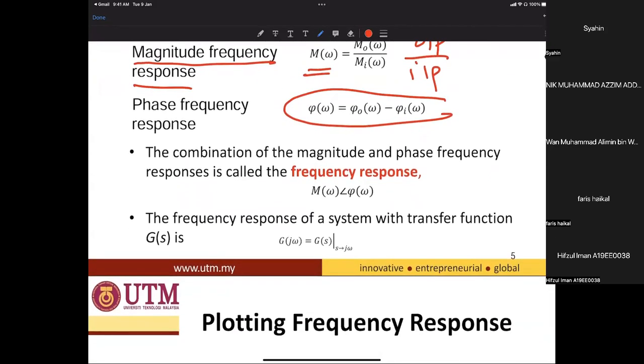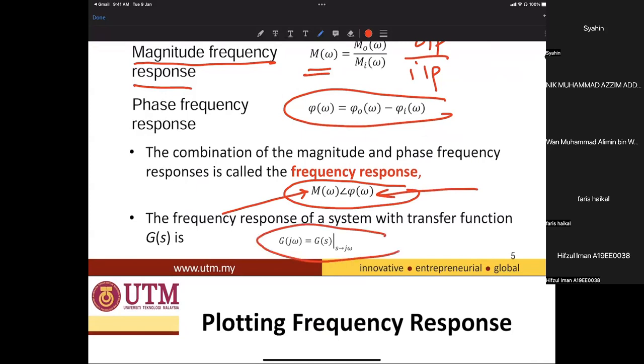The combination between the magnitude and phase is known as the frequency response. So the frequency response of a system with the transfer function G(s) is known as G(j omega) equal to G(s), where s is equal to j omega.